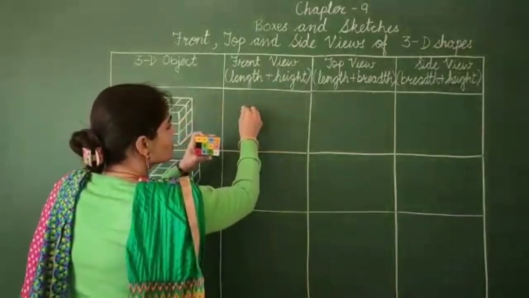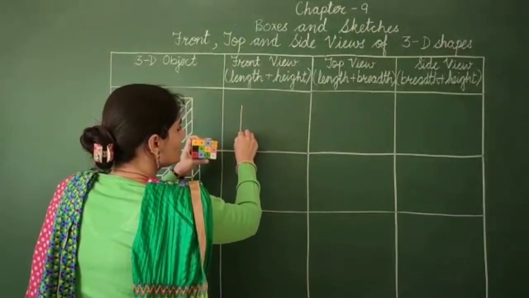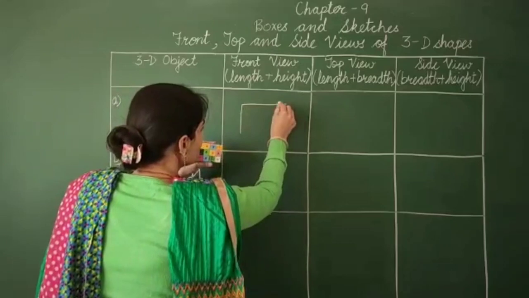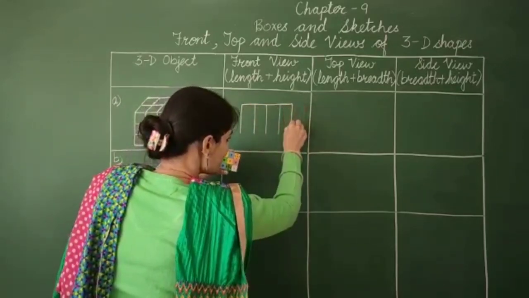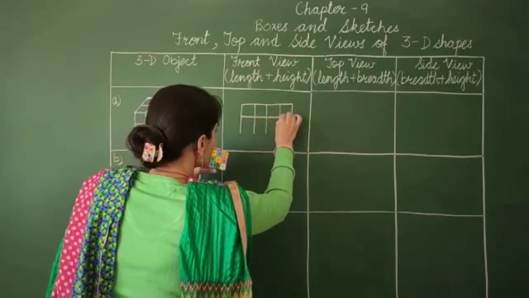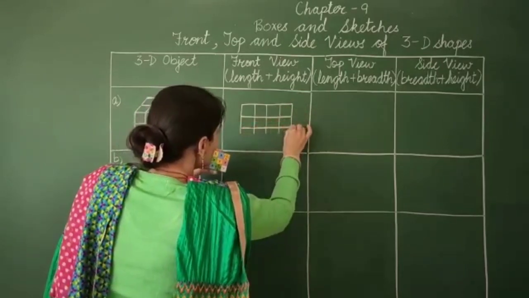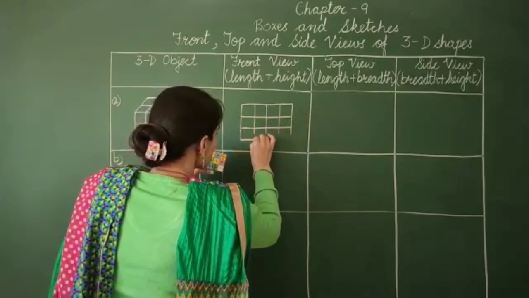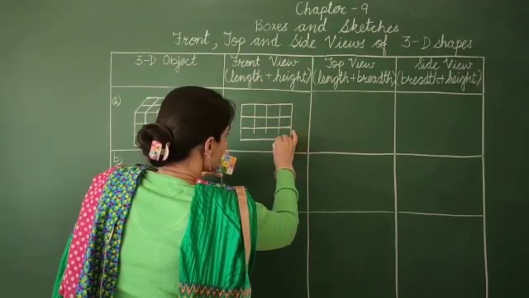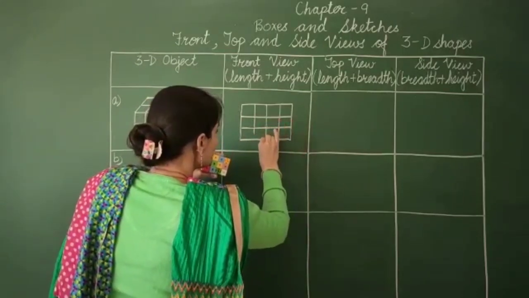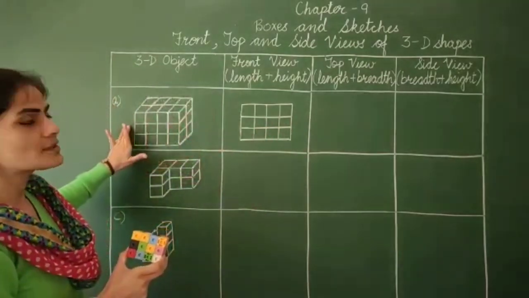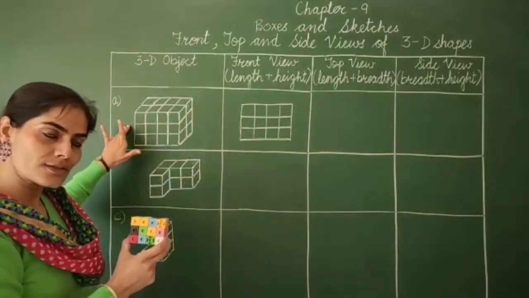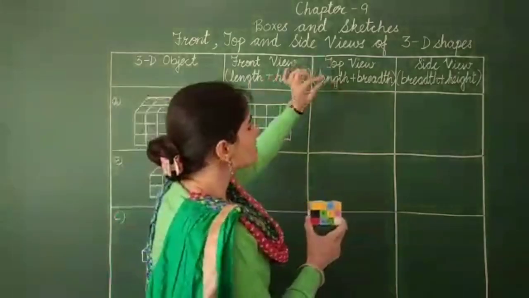So, when we draw the front view, we are going to draw a rectangle which is having 4 squares like this, and then there are 3 squares along its height. So, this is the front view of this cuboid. Have you understood?